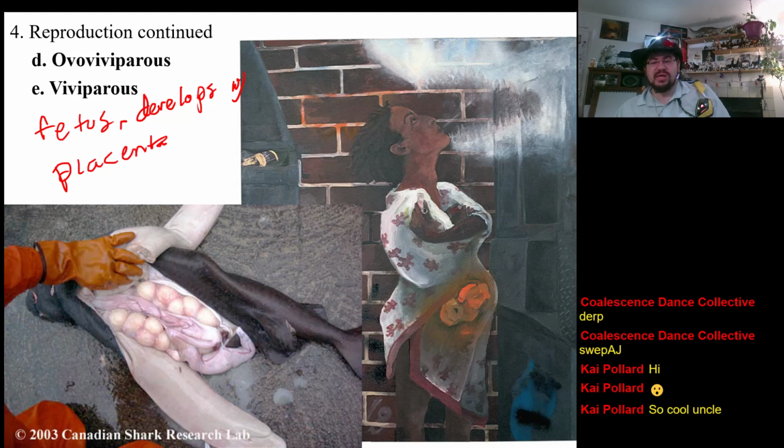So you have a placenta and there's nutrient and gas exchange and waste exchange occurring between the mother's vessels in the placenta and the baby's vessels in the placenta. Just like humans, there are sharks that are placental sharks. So, chondrichthyes is just extremely cool.